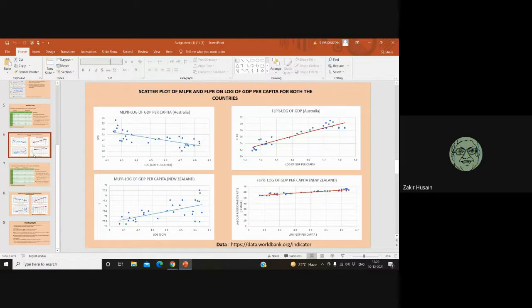No, look at the right hand side. FLPR log of GDP. So it means you are plotting it against simply GDP, not GDP per capita. But if you look at the x-axis, it is written log of GDP per capita. So your graph is simply inconsistent. You're giving one title, but you're plotting it on something which is completely different.